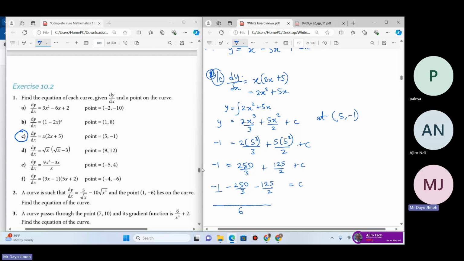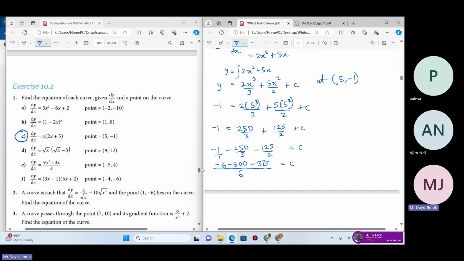So I will now say LCM divided by denominator times numerator. 6 divided by 1 is 6, so minus 6. 6 divided by 3 is 2 times minus 250 is minus 500. 6 divided by 2 is 3. 3 times 125 is 375. Negative 375 is equal to C.